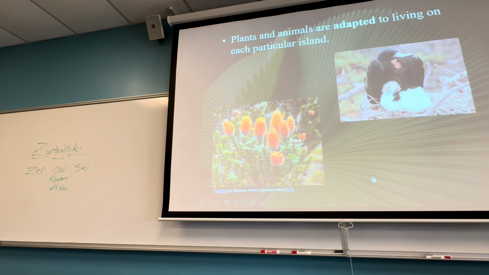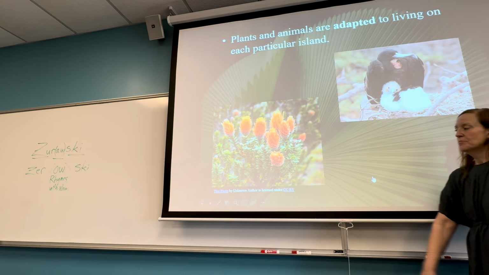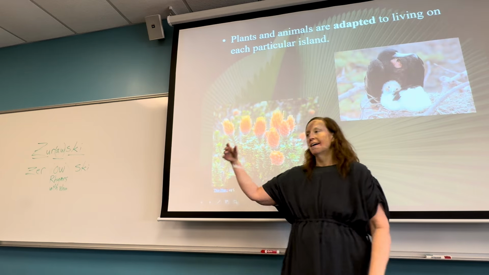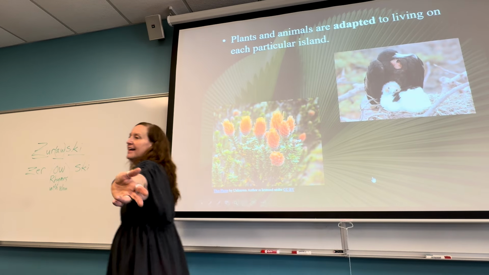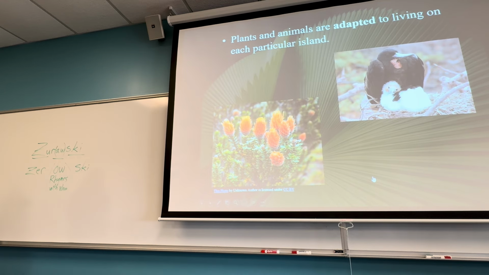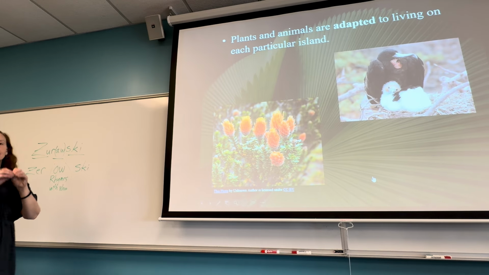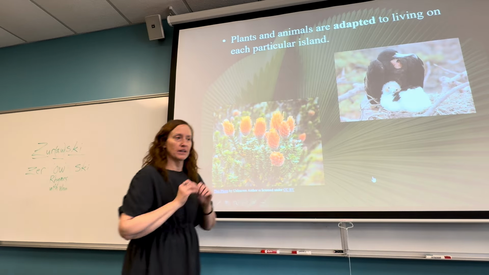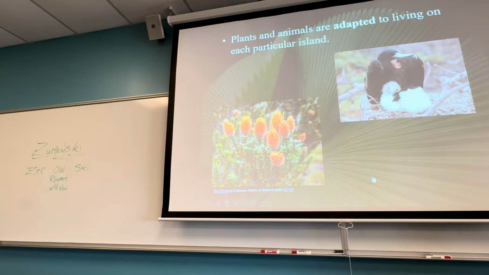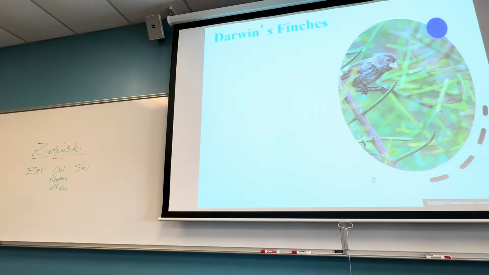And as Darwin went to all these different islands in the Galapagos, he noticed that plants were precisely adapted to their environment, and birds, and reptiles, and anything else that he saw, fungus, all kinds of creatures, organisms were precisely adapted to living on that particular island of the Galapagos. And he was like, aha, they match up. Survival and adaptation and characteristics all go together.